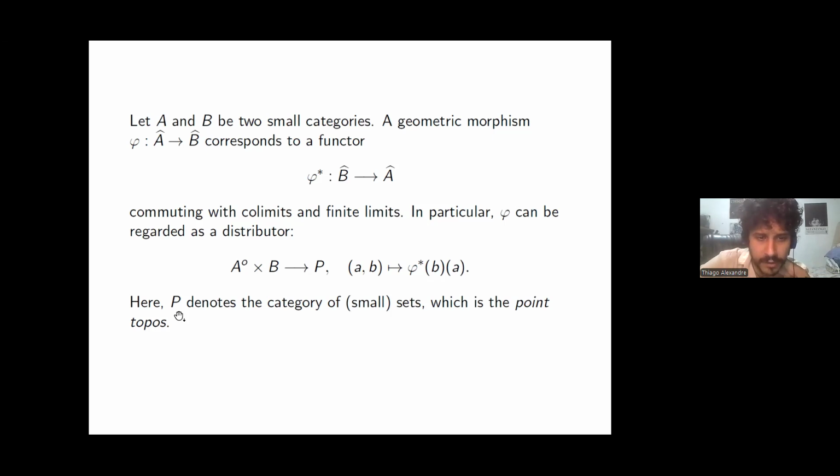And here P denotes the category of small sets, which is the point topos.